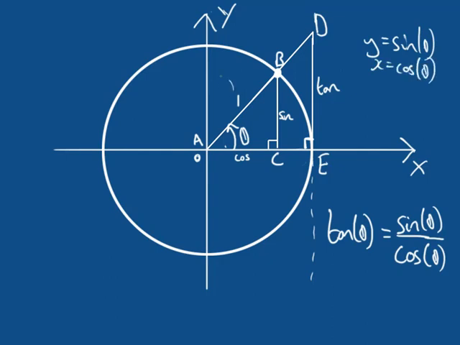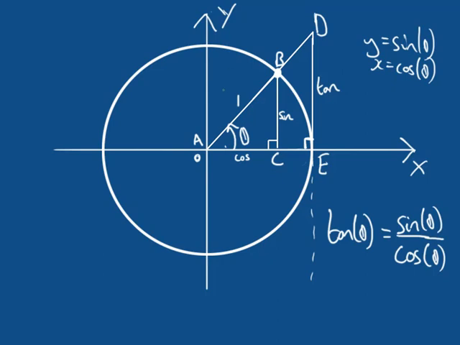Our sine stays positive. We pass that 90 degree point, y is still positive, sine is still positive. But look what happens to our cosine. It's equal to x, which goes from being positive to being negative. So as we pass that 90 degree point, we've got a positive value divided by a negative value. That gives us a negative value.